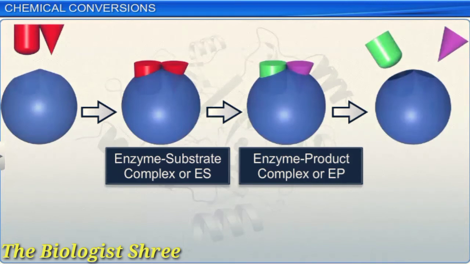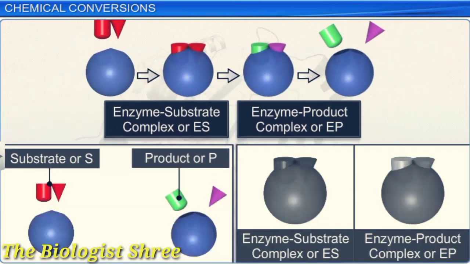In other words, stable structures can exist in nature without any uptake or release of energy. For example, S and P have a low energy status and are stable, whereas ES and EP complexes with a high energy status are unstable.